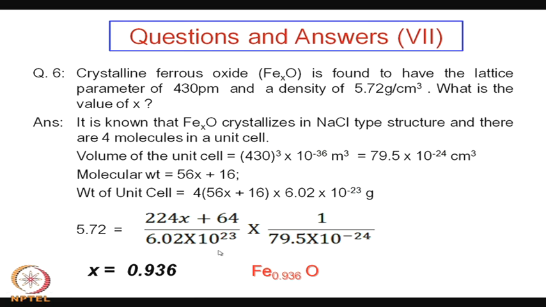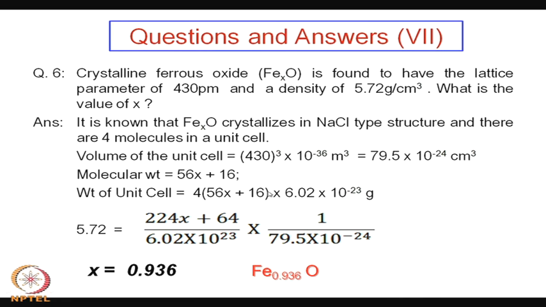Well, I think there is a mistake over there. This 6.02 must go. Here is a mistake. It should be divided by the Avogadro number, it is not multiplied by the Avogadro number. So, then it becomes like this. Anyway, if you can change this, it is a simple thing.